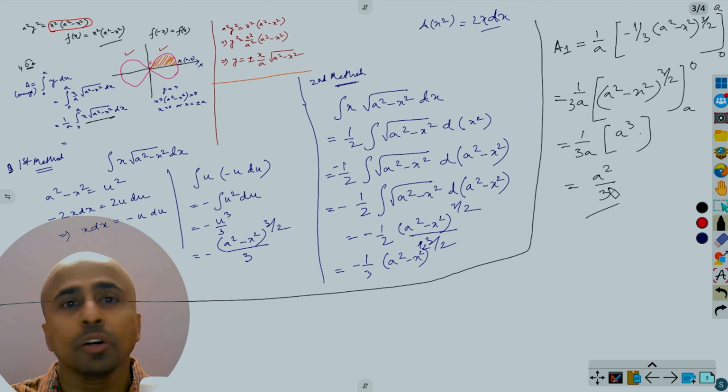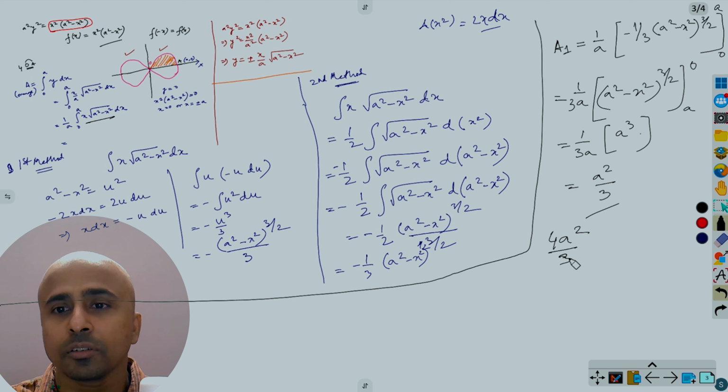Therefore, what is the area of the whole curve? Since it is symmetric, as I mentioned earlier, the area of the whole curve is 4 times this part. Okay. So the area of the whole curve is 4 a square by 3.